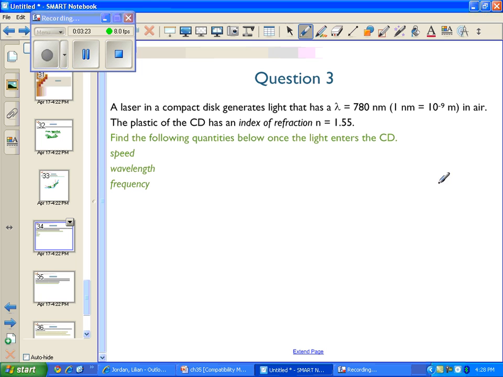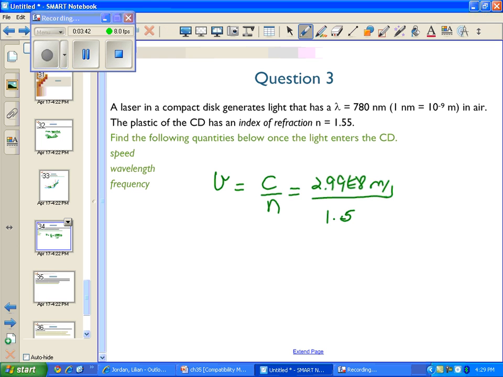Okay, well, when it enters the CD, the speed is going to be reduced by the value of n. And if we take 2.99 e to the 8 meters per second, and we divide it by 1.55, we get a value of 1.93 e to the 8 meters per second.